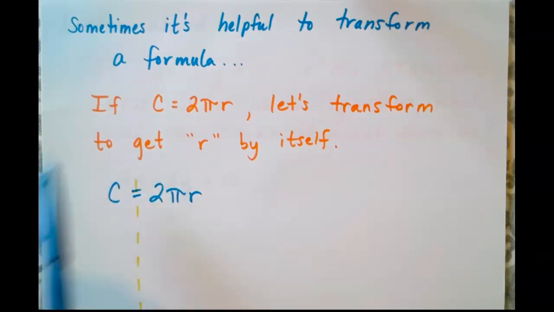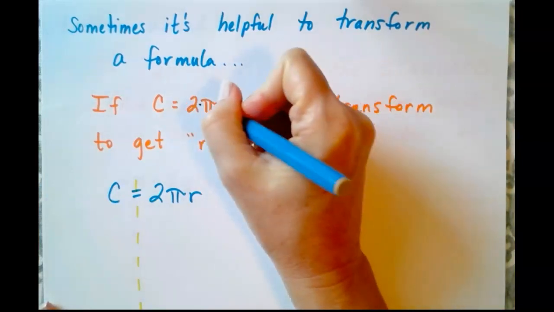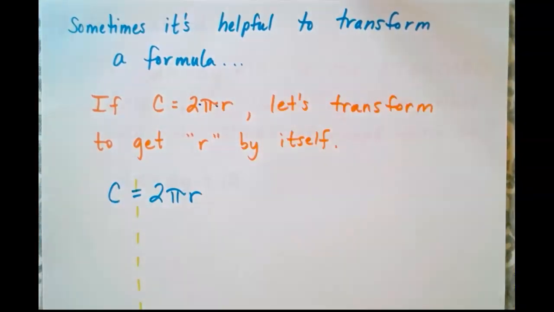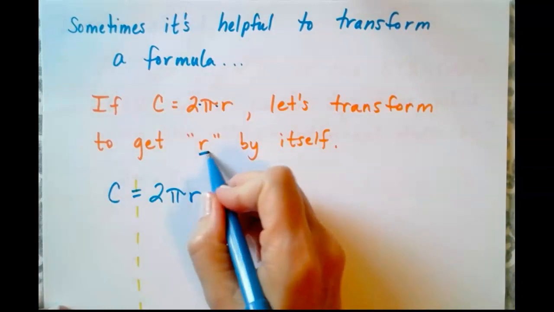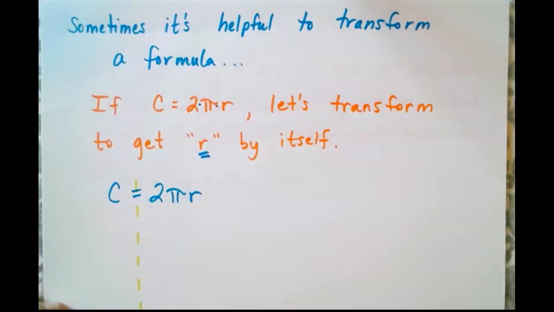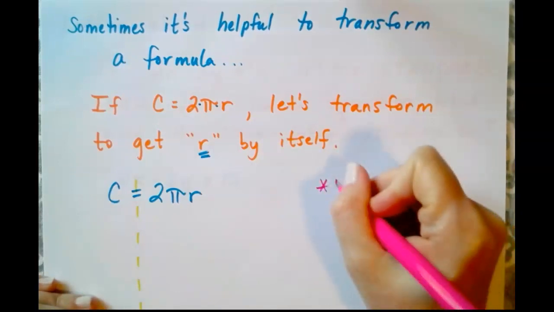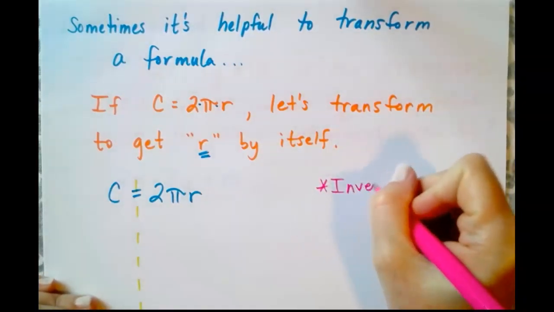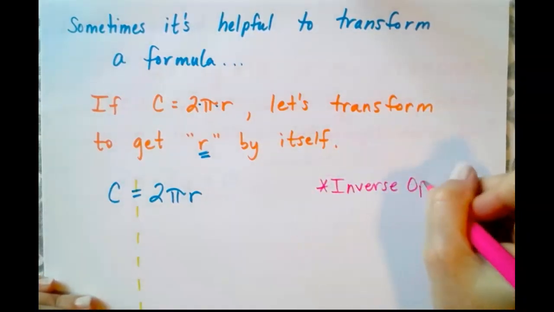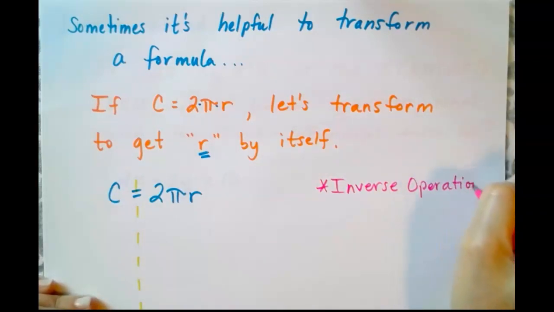If C equals 2 times pi times r, we're going to transform it to get the r all by itself. So let's think about the whole idea of inverse operations. This is our strategy for this lesson.